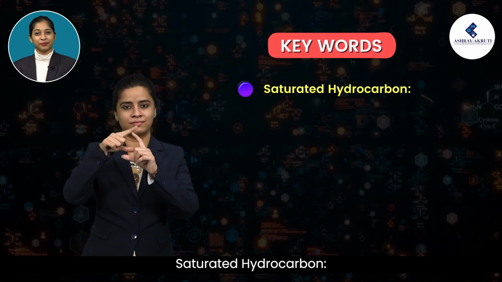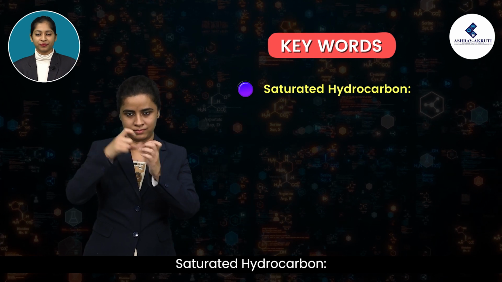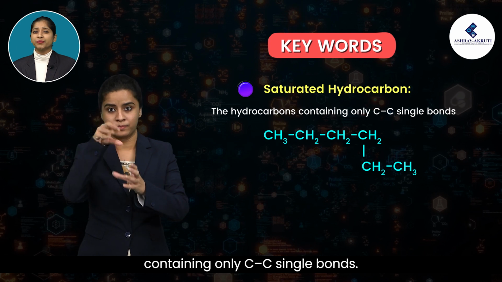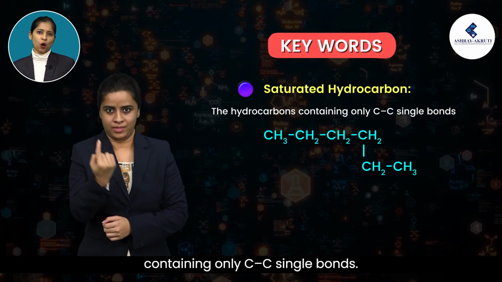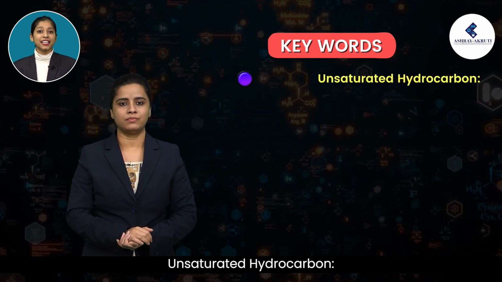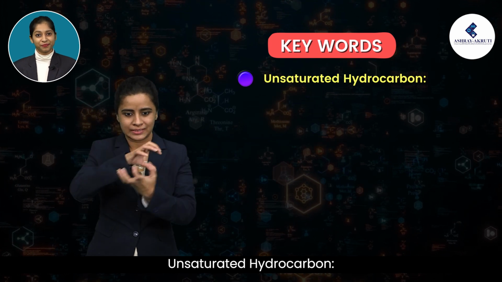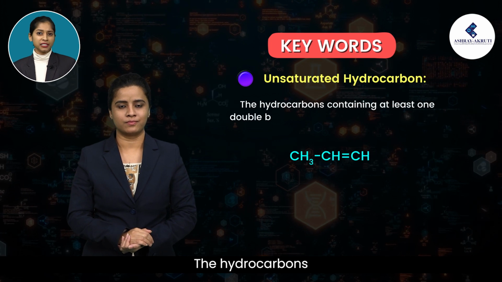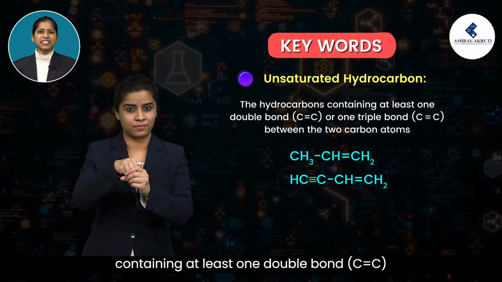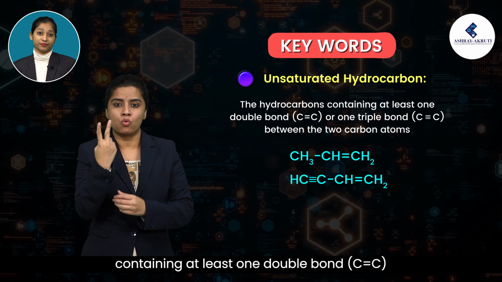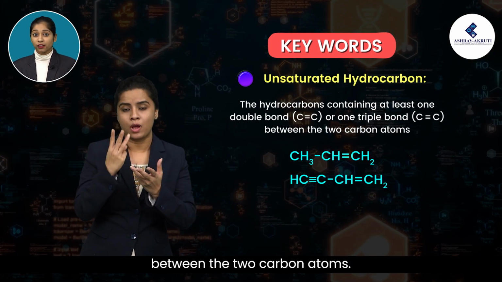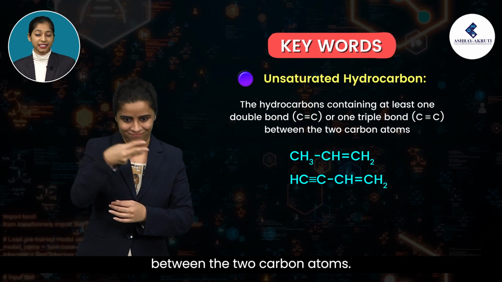Keywords. Saturated hydrocarbon: the hydrocarbons containing only carbon-carbon single bonds. Unsaturated hydrocarbon: the hydrocarbons containing at least one double bond or one triple bond between the two carbon atoms.